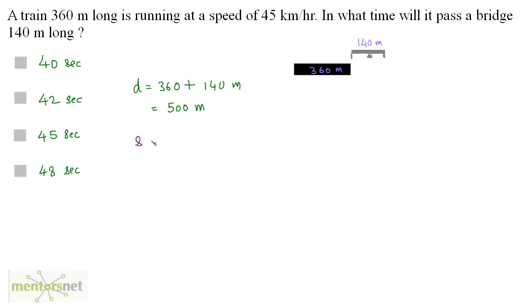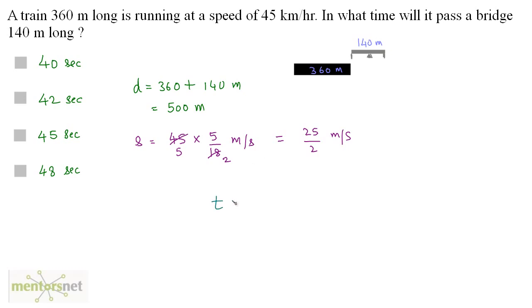Now speed is given to us as 45 kilometers per hour, and that's 45 times 5 by 18 meters per second. So 9 times 5 is 45 and 9 times 2 is 18. That's 25 by 2 meters per second. Now we have the speed and the distance, and we have to calculate the time.